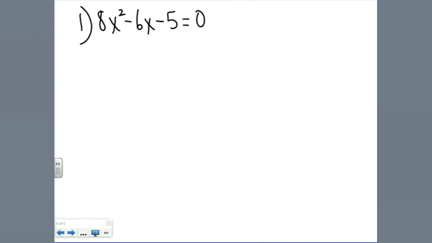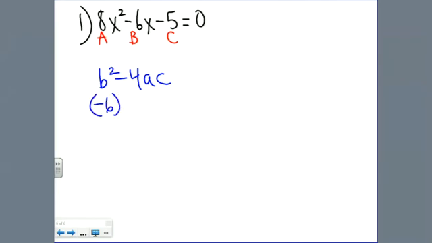So first of all, let's identify a, b, and c. And it goes in alphabetical order. A is 8, b is -6, and c is -5. So plug these values into your discriminant.